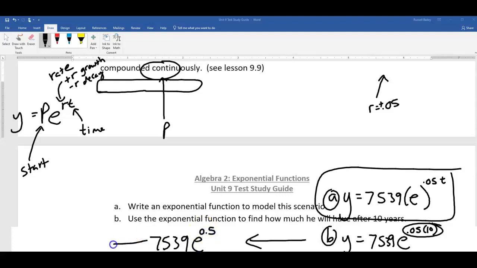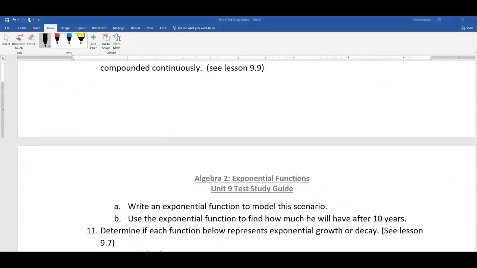And then I would punch that into my calculator to get my final answer. And there you guys have it. For part B, the answer would be 12,429.71. Make sure you know how to find the e button on your calculators. All right, let's go ahead and continue here.